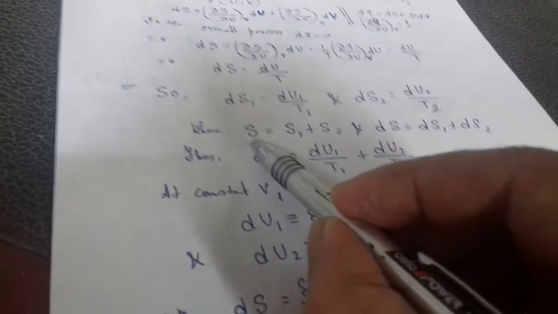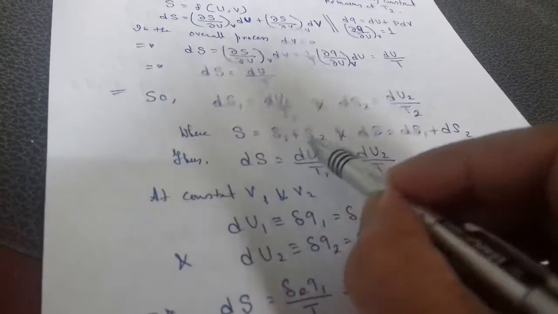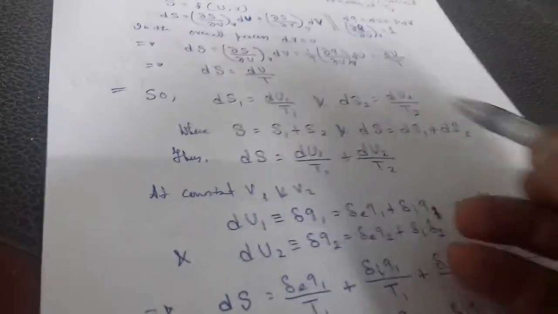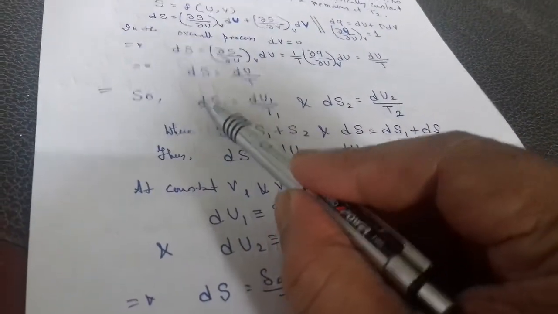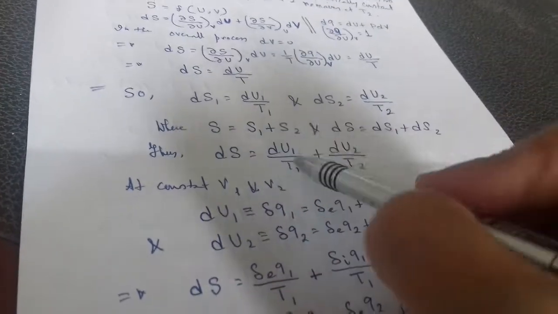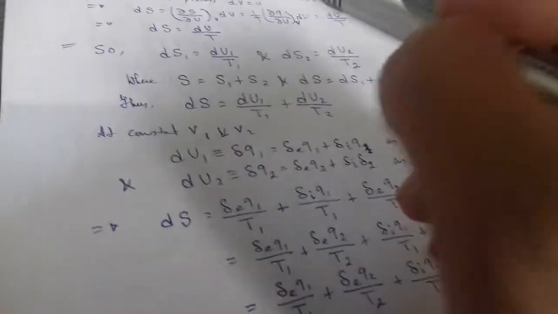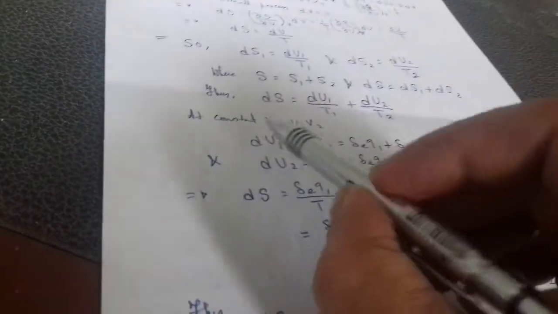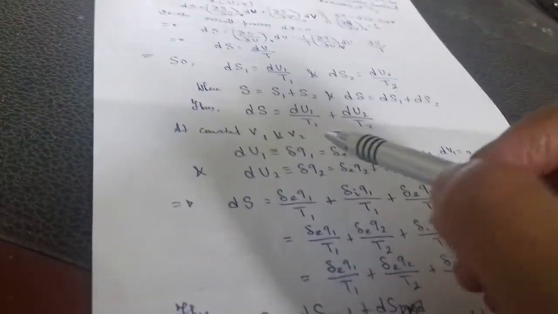Here S, the total entropy, is equal to S1 plus S2, so the total entropy change ds equals ds1 plus ds2. Now we can replace ds1 as dU1 by T1 and ds2 as dU2 by T2. So total ds becomes dU1 by T1 plus dU2 by T2. In the overall model, V1 and V2 both are constant.